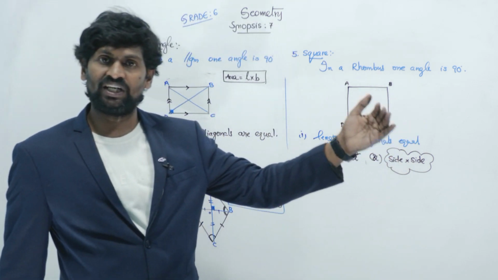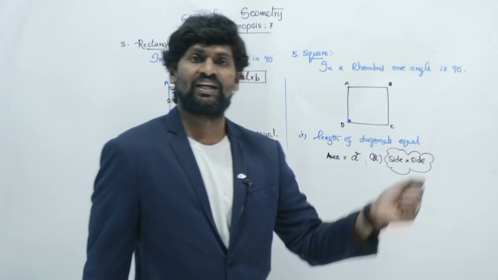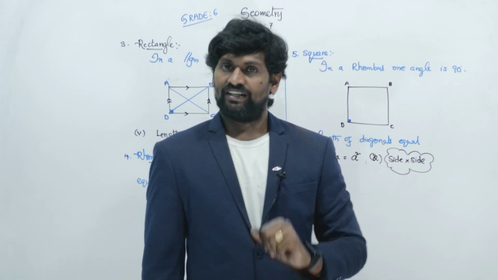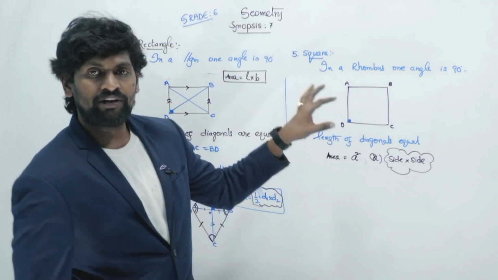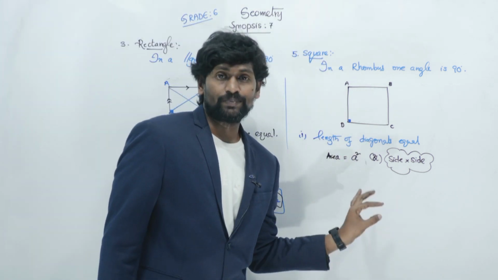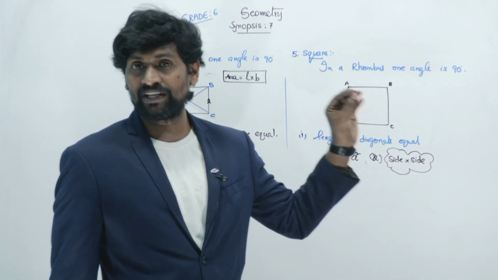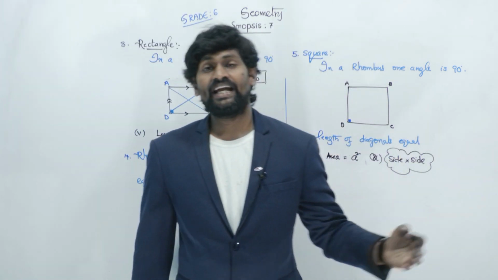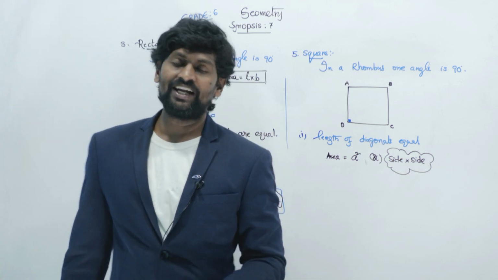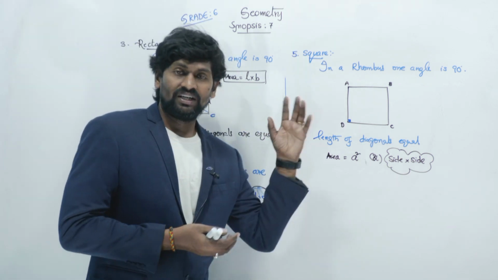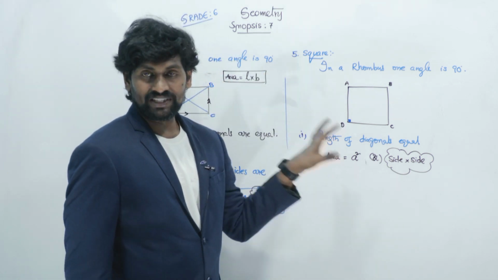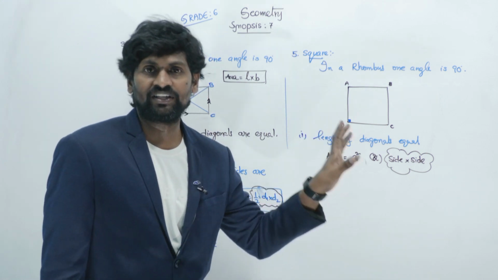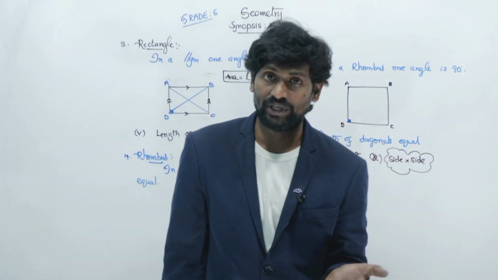In a concave quadrilateral, the sum of opposite angles is more than 180 degrees. In a convex quadrilateral, there are 6 types: trapezium, parallelogram, rectangle, rhombus, square, and kite. Out of the 6, we have discussed 5, and their properties and areas also.